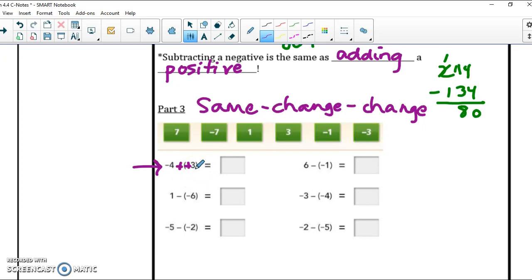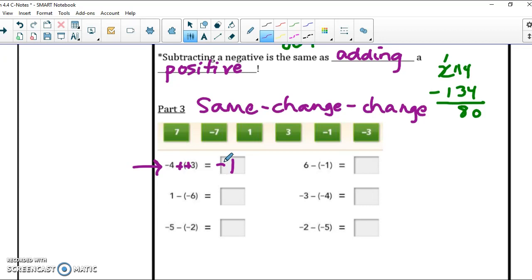So if I always change my subtraction problems back to addition, then I just need to remember those 2 addition rules. So for this one, I'm adding numbers with different signs, so I find the difference. 4 minus 3 is 1, and my larger number takes the sign. 4 is larger than 3, and it's negative, so my answer is negative.